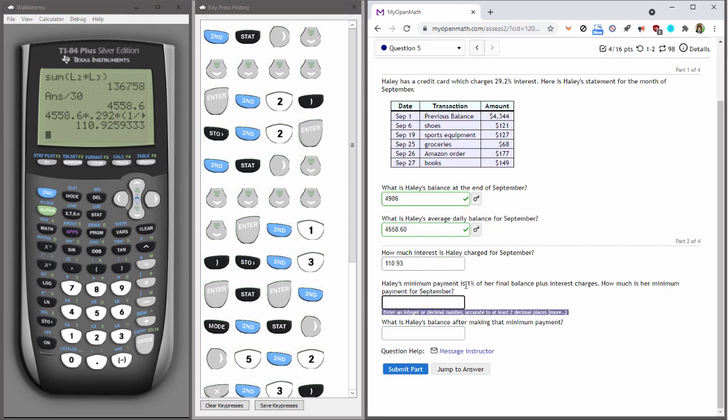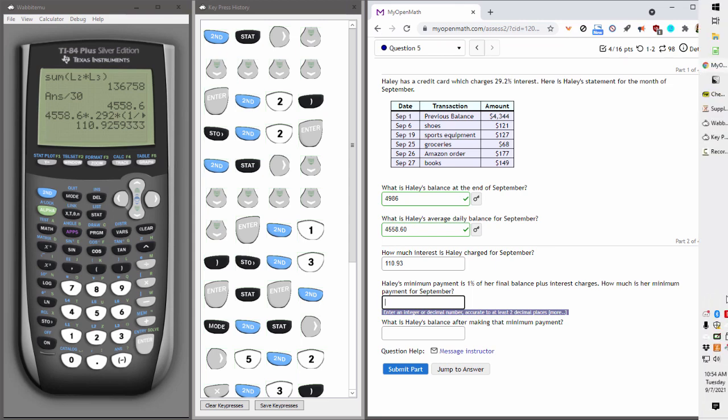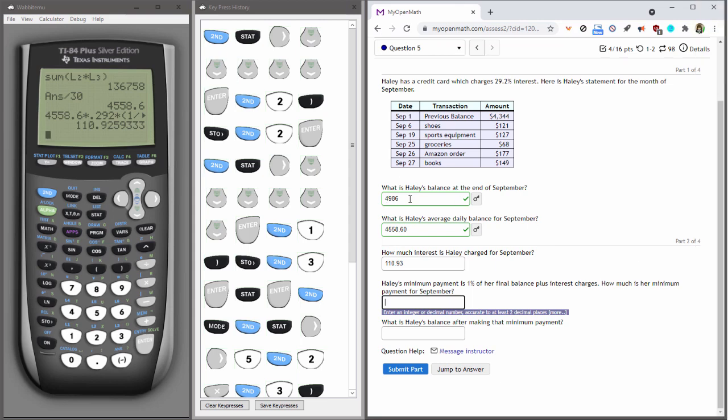Now Haley's minimum payment is 1% of her final balance plus interest charges. How much is her minimum payment? Well, her final balance is $49.86. So 1% of that is $49.86 times 0.01, plus interest charges.